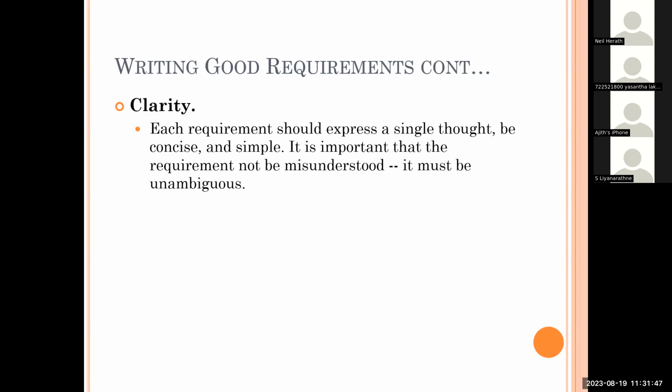Clarity. It has to be very clear. We use the word ambiguous when talking about requirement analysis and requirement gathering. Ambiguous means not clear, and it can be misunderstood. So the requirements documents and the specification, when written, should stand unambiguous.